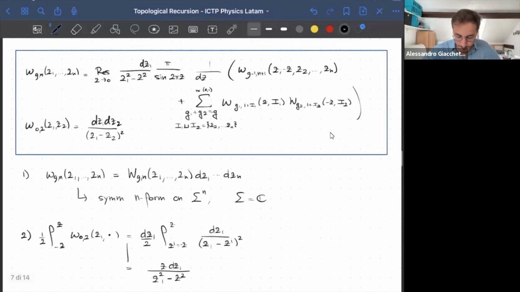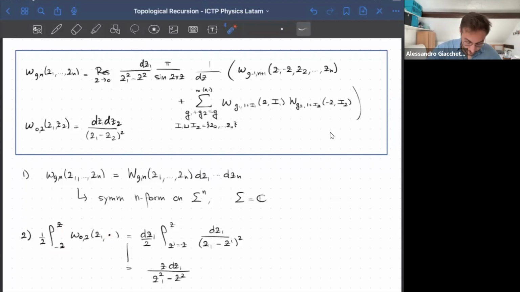And the second observation is the following. Let's take this omega 0,2 here, and let's perform this operation. So here I'm taking the second variable and integrating it from minus z to z, while keeping the first variable frozen.